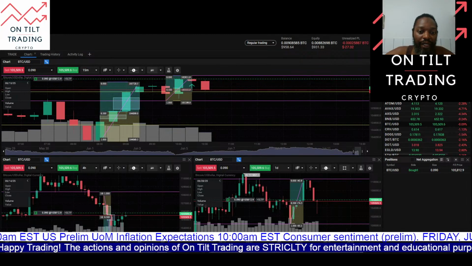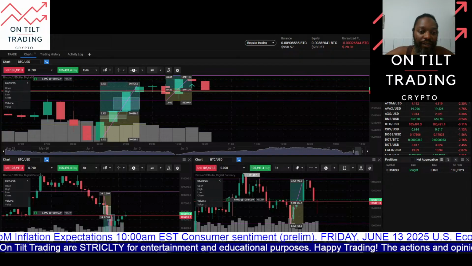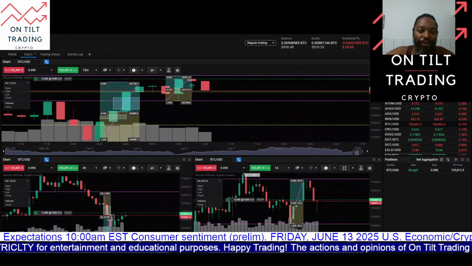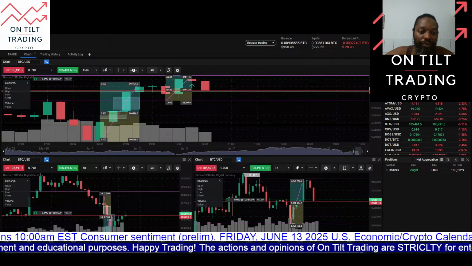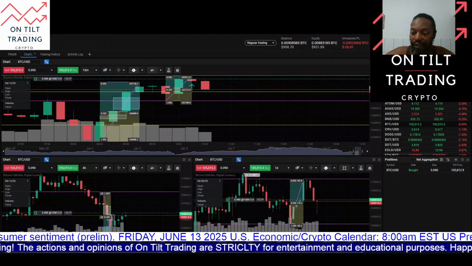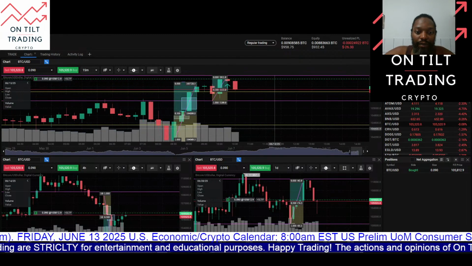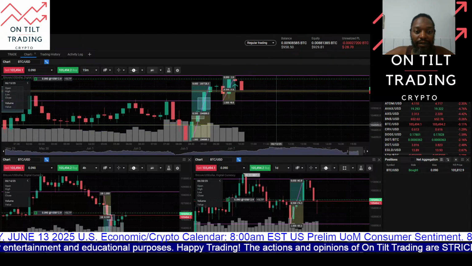So I think if this level can hold, there's a good chance that this stays strong. If this pre-market level doesn't hold, then I think it's a good chance this may fail. But let's see how we do here.